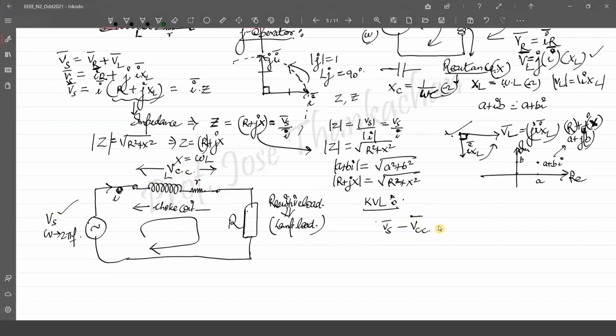This again will be a phasor, minus the voltage across the load. I'm calling that VR. So the sum of all these voltages in a closed path should be equal to 0. This is nothing but Kirchhoff's voltage law in phasor form.